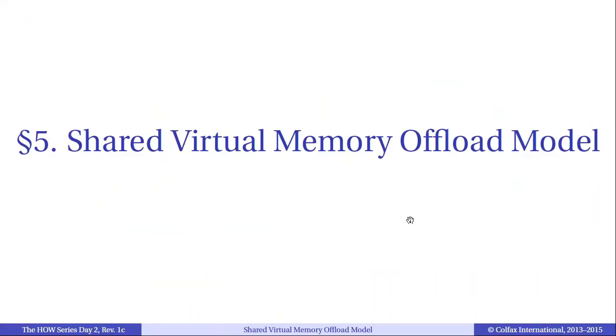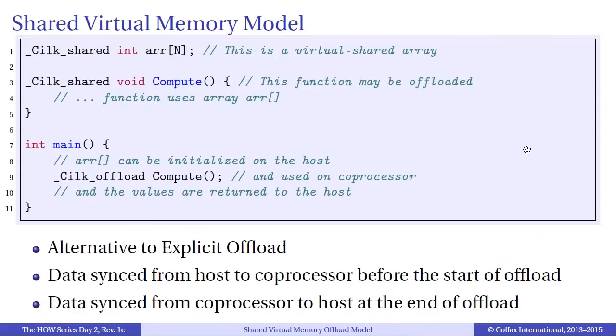And before we move on to the practical part, I want to discuss in 2 slides yet a third API for offload, the shared virtual memory offload model. In this model, you only have 2 keywords, cilk shared and cilk offload. Cilk shared is a declaration that says that this object or this function may be used in offload.